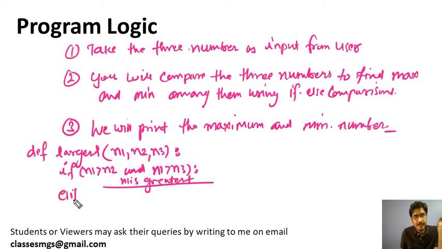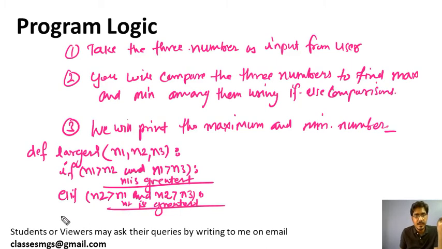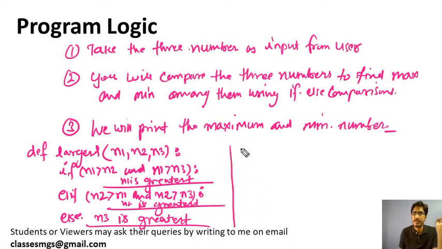If n2 is greater than n1 and n2 is greater than n3, then we will say n2 is greatest. Otherwise n3 will be the greatest. We will write the logic on the next page.